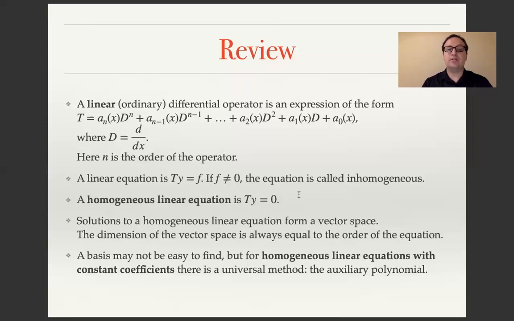If the equation is homogeneous, then solutions to a homogeneous linear equation always form a vector space, and the dimension of the vector space is always equal to the order of the equation.